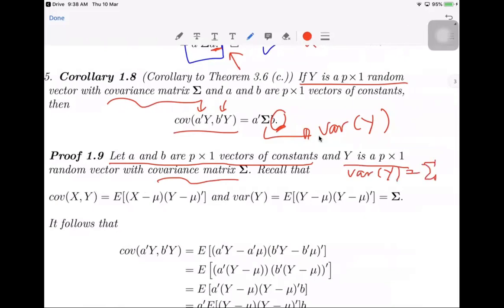And you have to recall that the covariance of x and y will be something like this. Of course, both x and y here will have a mean mu. They have a common mean, that is the assumption on this result. And the variance of y, by notation in the multivariate case, is equal to that, which we denote by sigma.